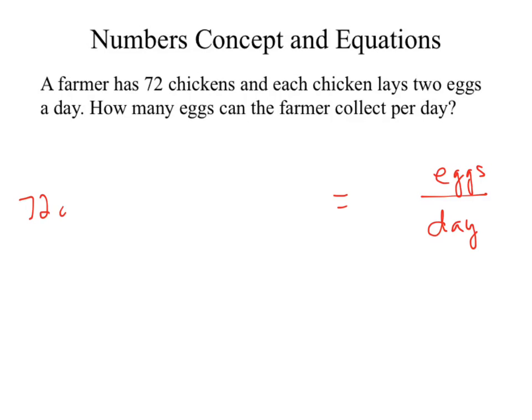We know we have 72 chickens. And we know that each chicken lays 2 eggs per day.